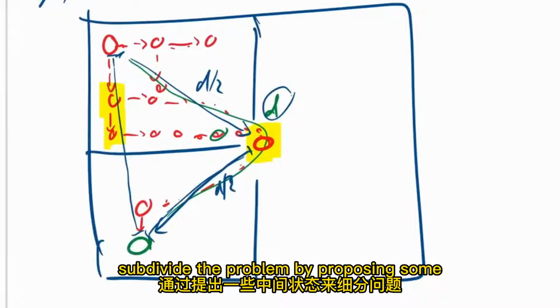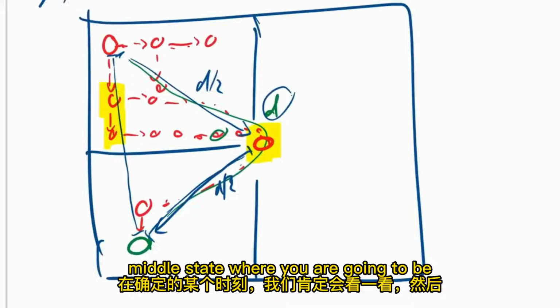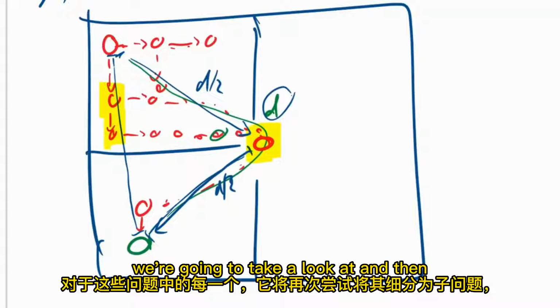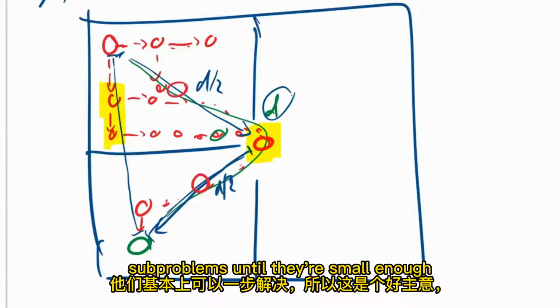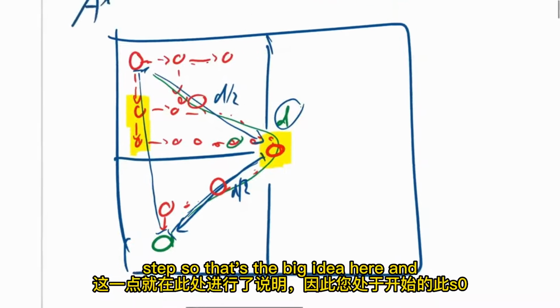So it will subdivide the problem by proposing some middle state where you are going to be at some point, for sure. And that for sure we're going to take a look at. And then for each of those problems, again, it will try to subdivide it into sub-problems and therefore recursively solve these sub-problems until they're small enough that they can be basically solved in one step.